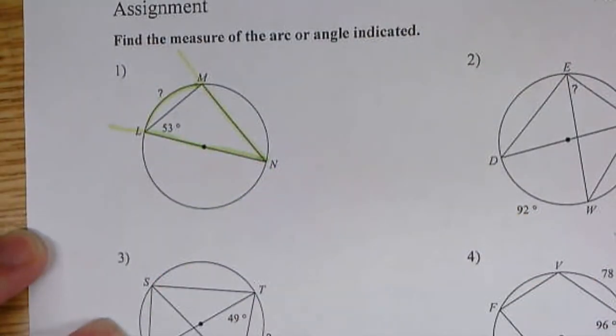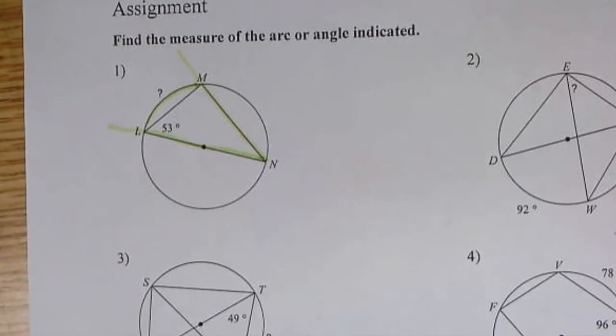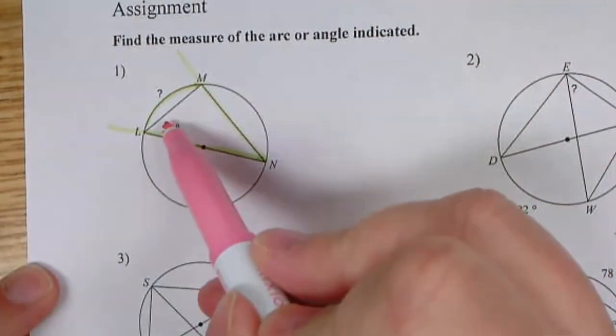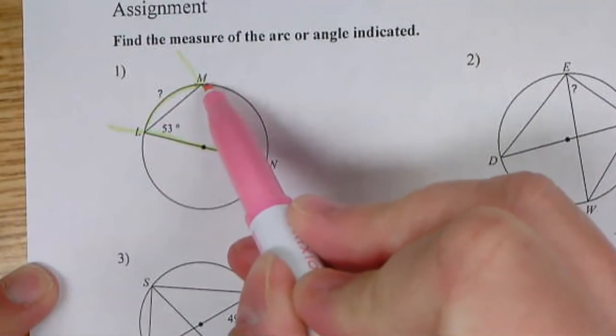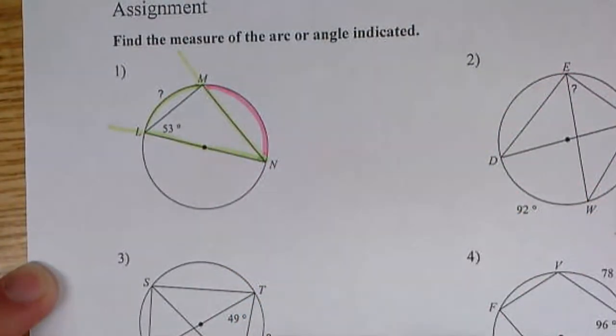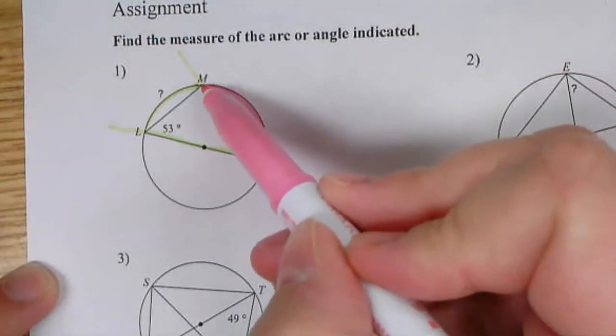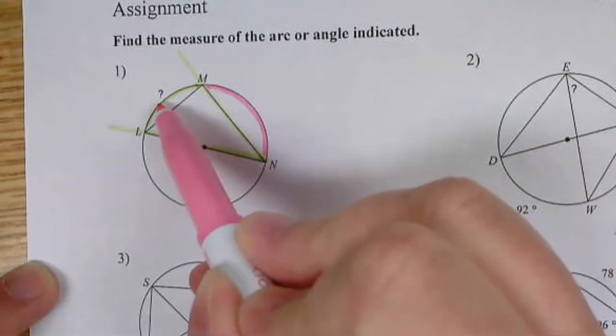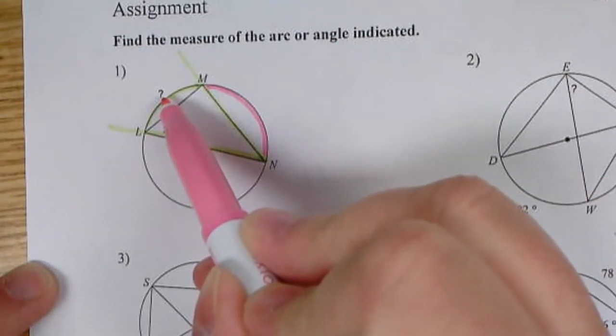Another way we could look at it, perhaps even easier on this one, we could say that this arc plus this arc MN has to add up to 180. So if I could find arc MN, I could subtract it from 180 and know what the missing arc is.